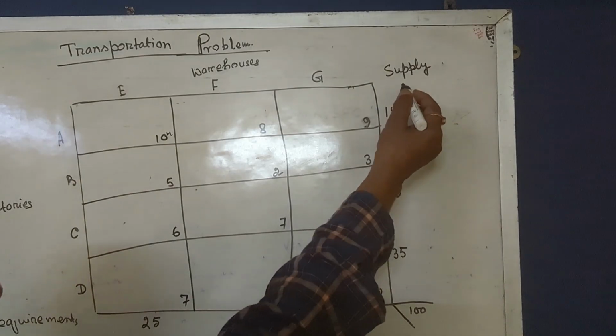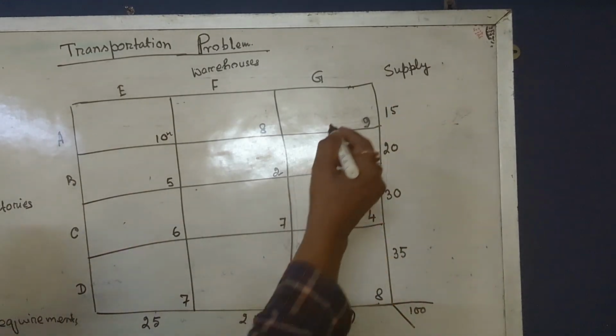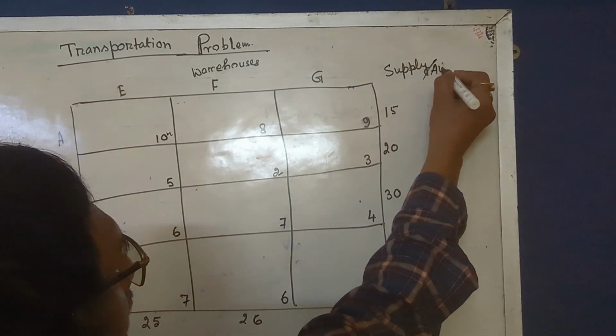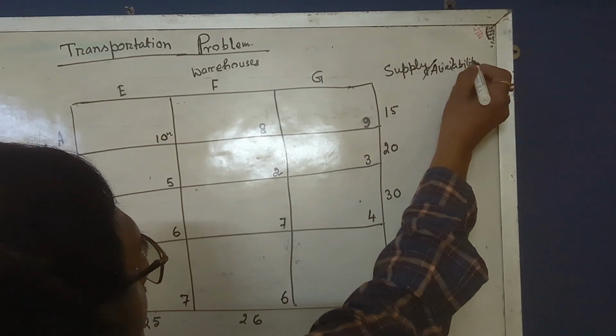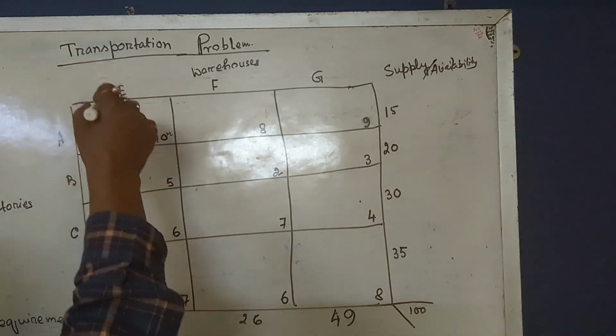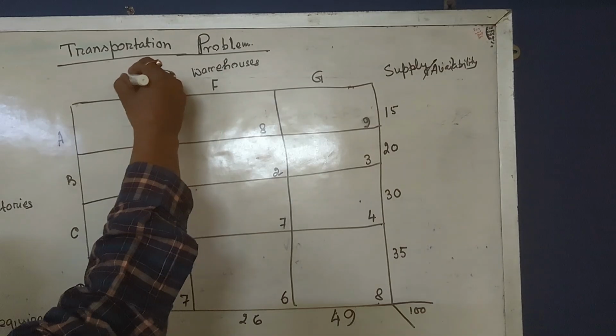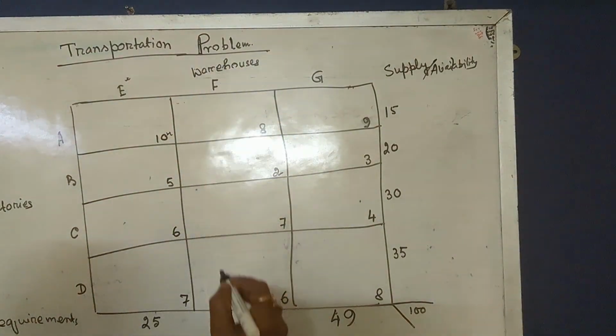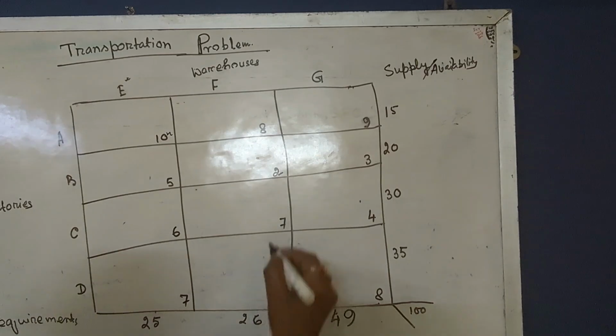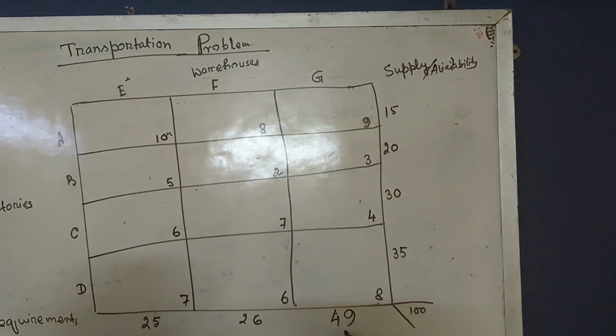This is the supply or availability, and these are the requirements. Warehouse E requires 25 units, warehouse F requires 26 units, and warehouse G requires 49 units.